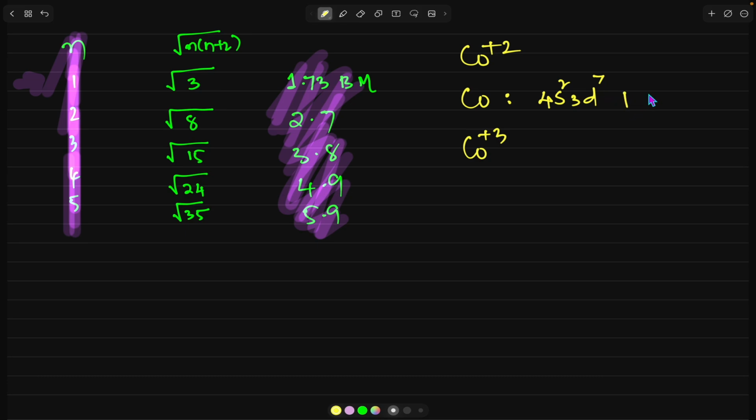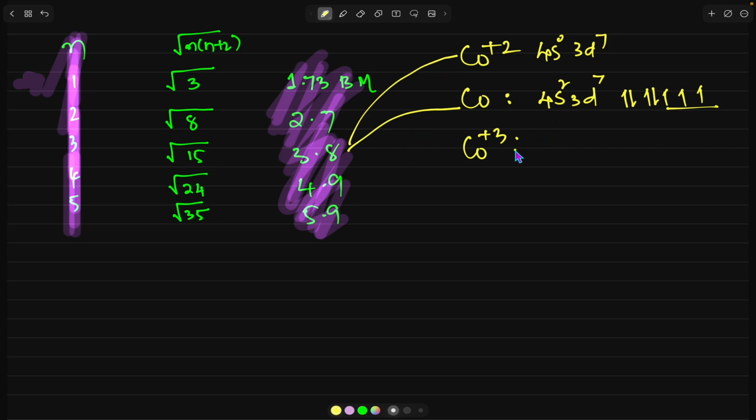You can write it in box method: 1 2 3 4 5. So 6 goes for pairing, 7th goes for pairing. 3 electrons are there, so 3 unpaired electrons are here. So this matches with 3 unpaired electrons. Cobalt +2 is 4s0 3d7, so this also matches with this because we haven't used anything here.